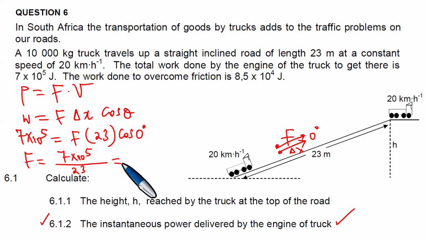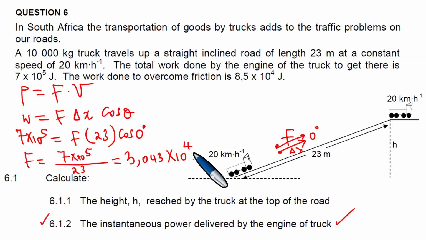Using a calculator, we see 7 times 10 to the 5th divided by 23 gives 3.043 times 10 to the 4th.